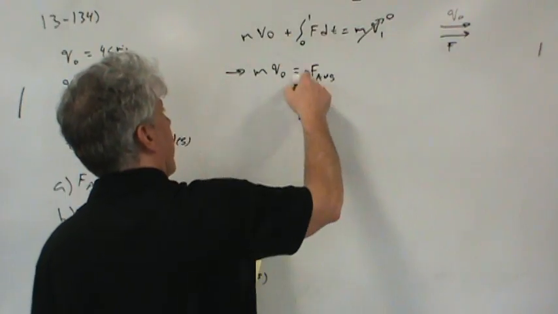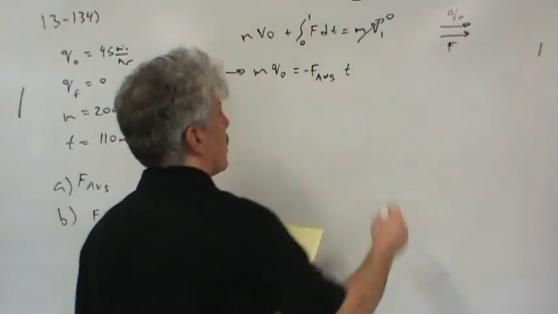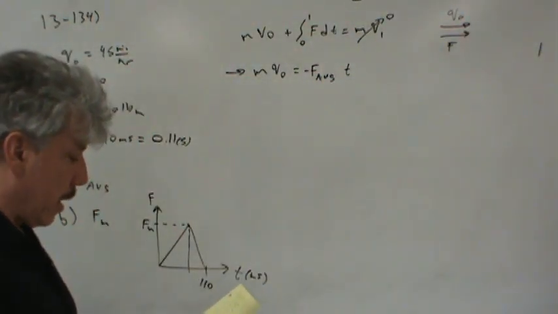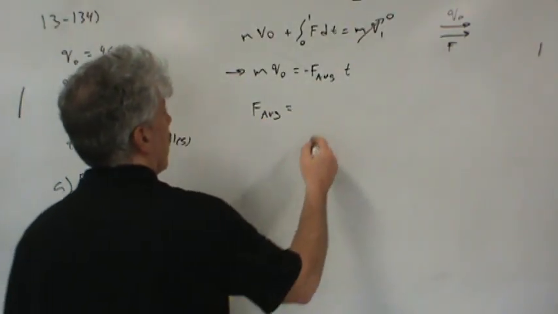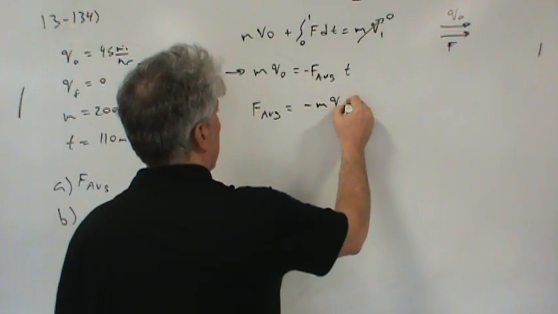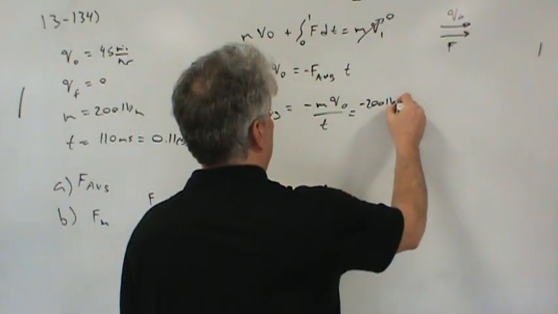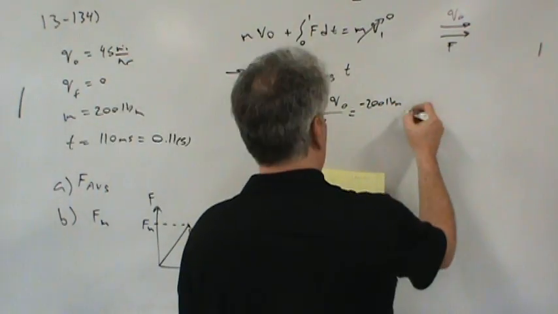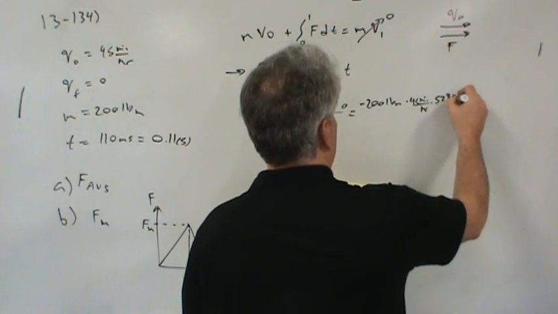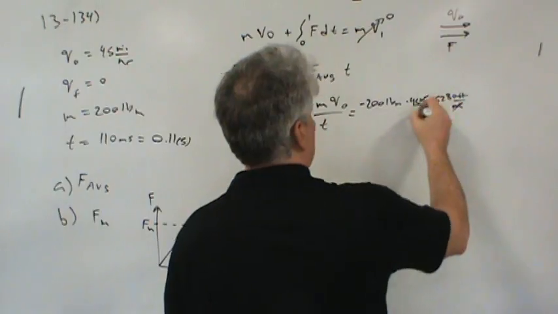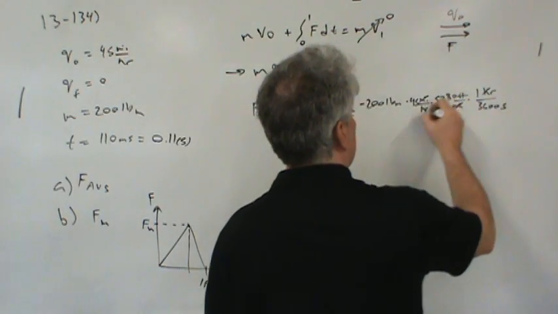Anyway, taking the force out of the integral gives us an average force, and then we just have the integral dt. That's just the time that is required to bring the body to rest. So if we solve for the average force, we get negative m v naught over t, and that is negative 200 pounds mass times 45 miles per hour times 5280 feet per mile times 1 hour per 3600 seconds.